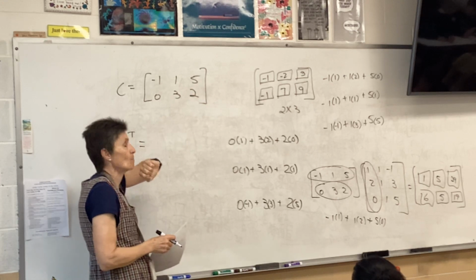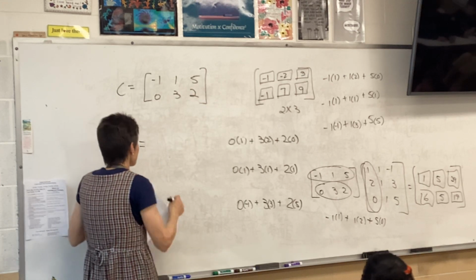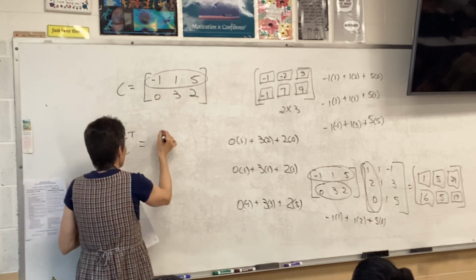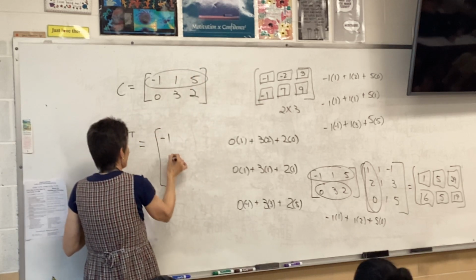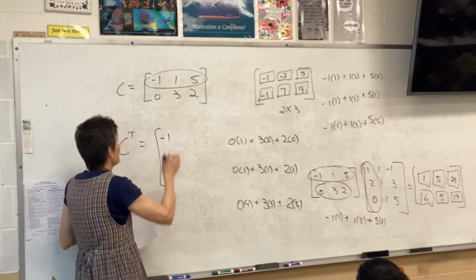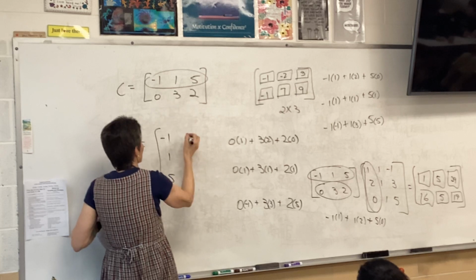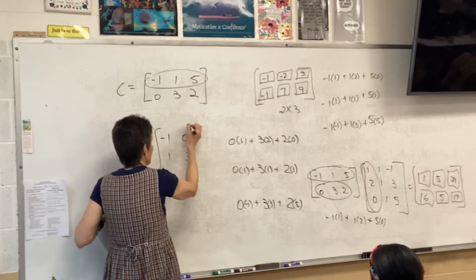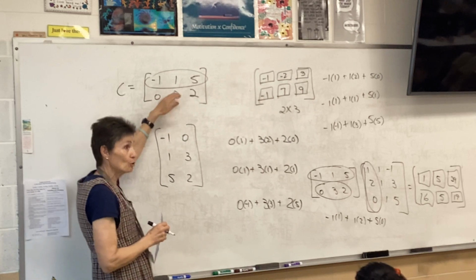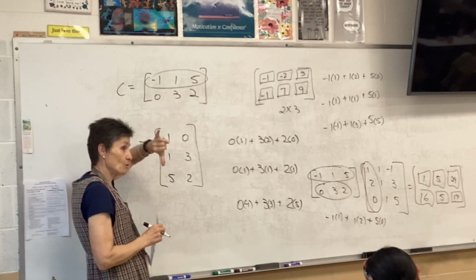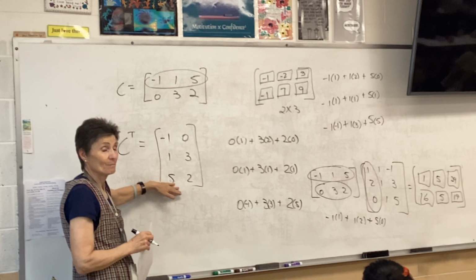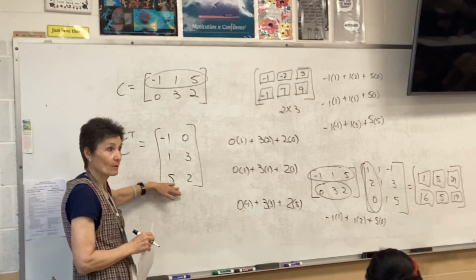That means look at row 1 and make it column 1, so write it as a column instead of a row. Then do the same thing with row 2. The original matrix was 2 by 3. When you flip everything, it becomes 3 by 2. Is that okay?